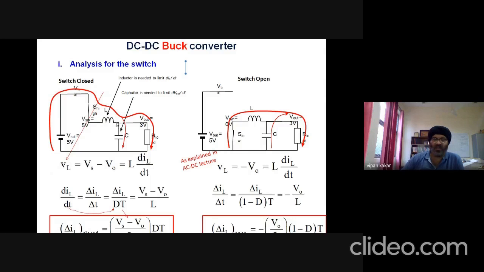We have already discussed this concept in AC to DC converters. So the inductor starts to store the energy, and the capacitor starts to get charged, and we get the voltage at the output.